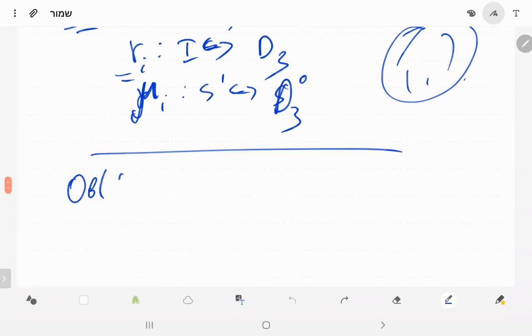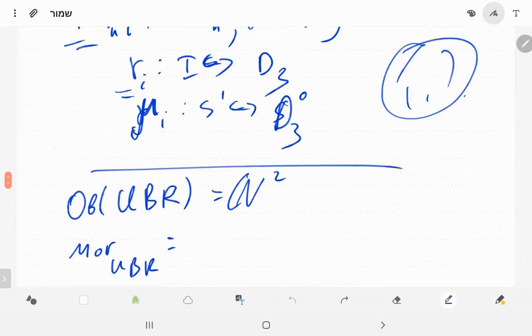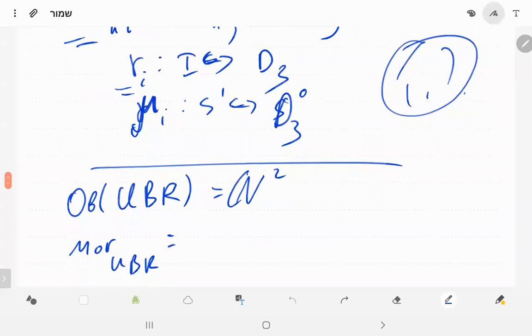Now I want to define the universal braided rigid category. Objects are just pairs m comma n. And now I want to define morphisms in this category. I have two pairs of numbers.